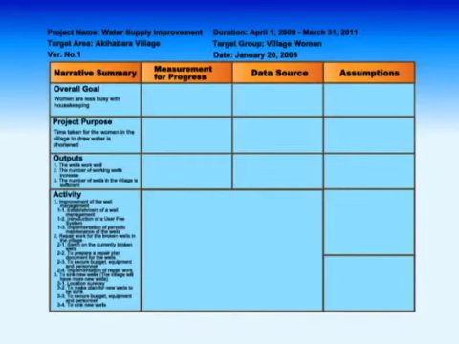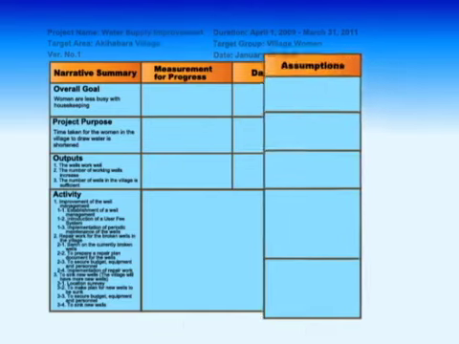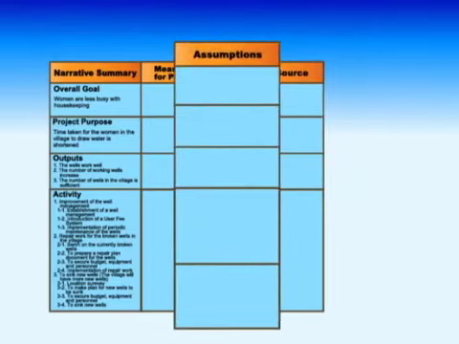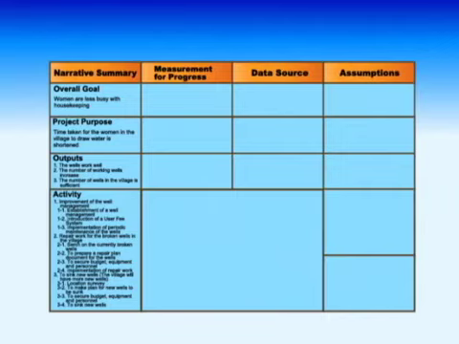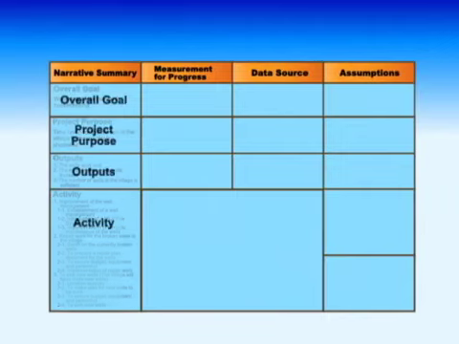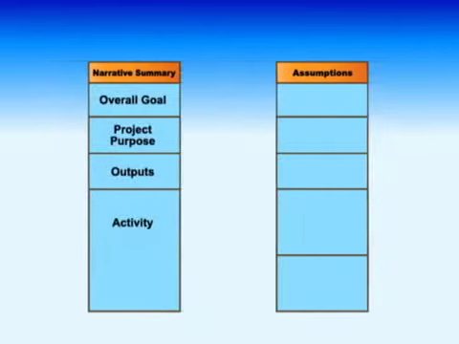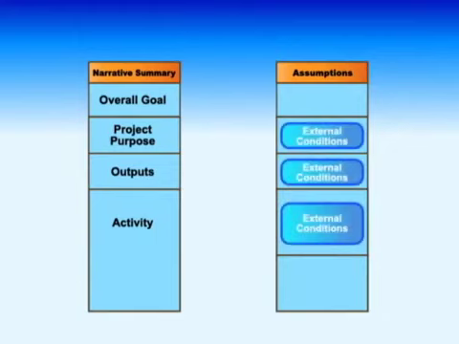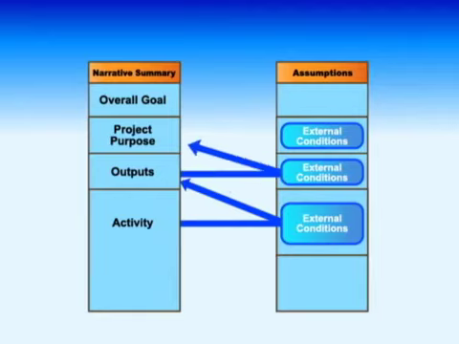After filling in the narrative summary, we are moving on to the assumptions on the far right. The assumptions will have descriptions of external conditions necessary to lead activities to outputs, external conditions necessary for the outputs to achieve the project purpose, and external conditions necessary for the project purpose to achieve the overall goal.